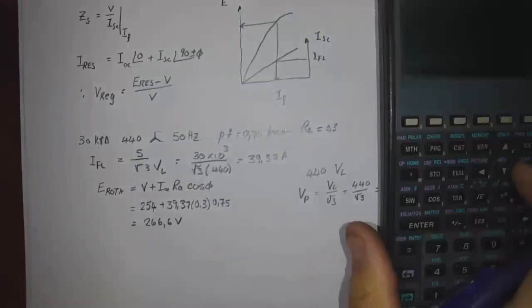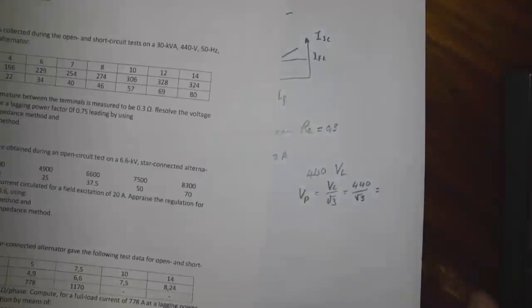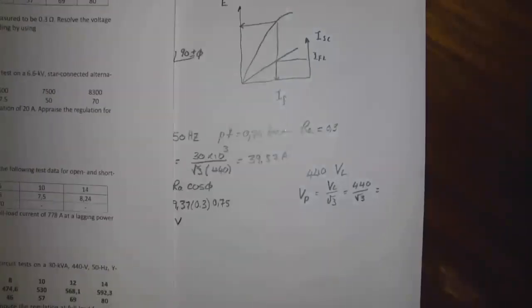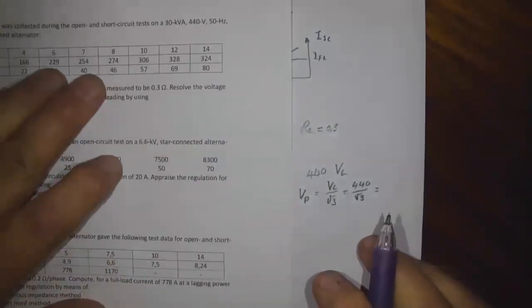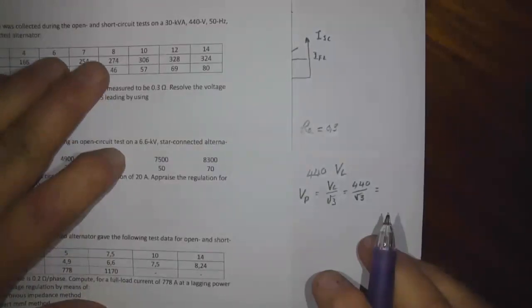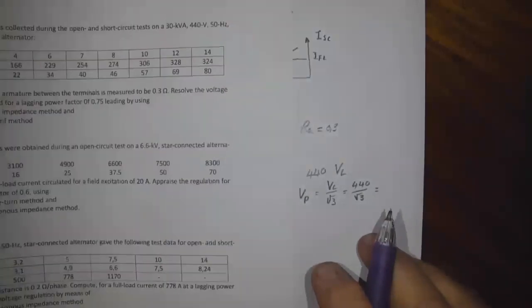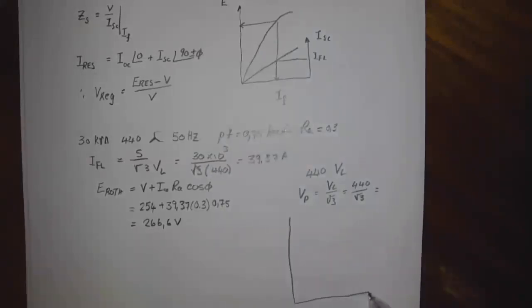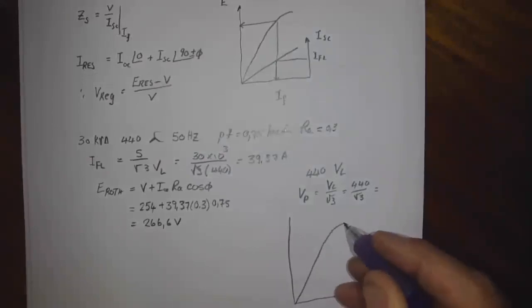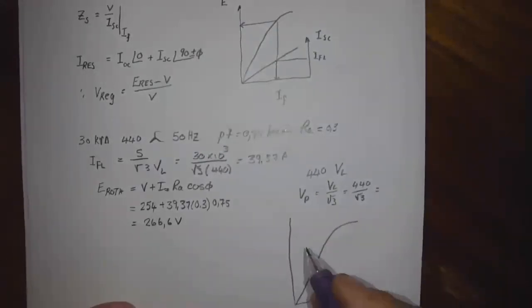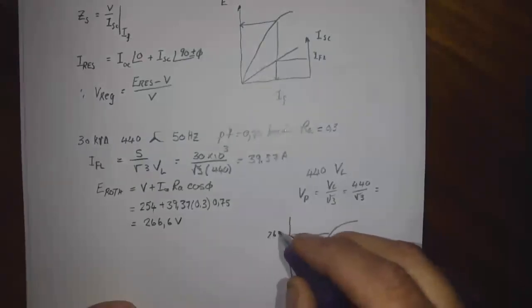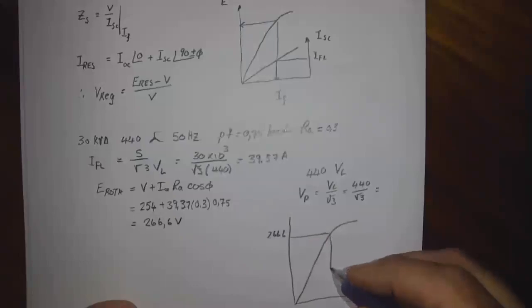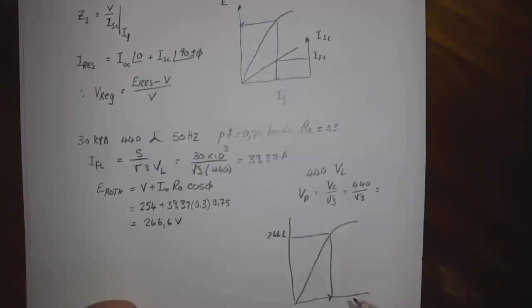So now you're going to your graph. Now if you've drawn it nicely, 266 is around about, let's say, 7.5. So now there's our graph. And we find that for 266, the excitation was, let's say, 7.5.